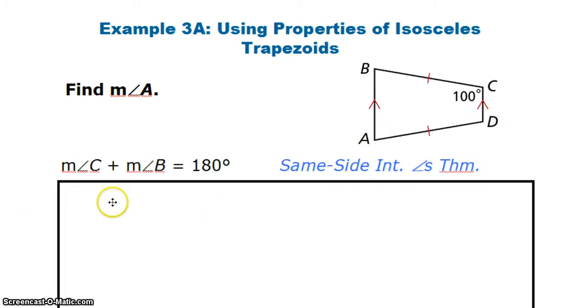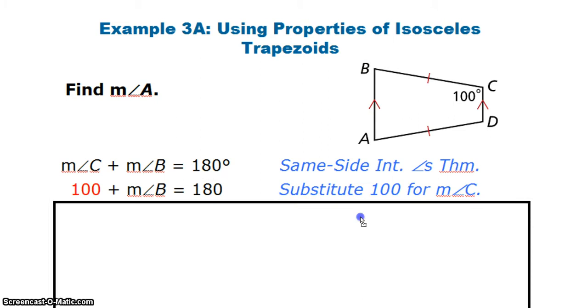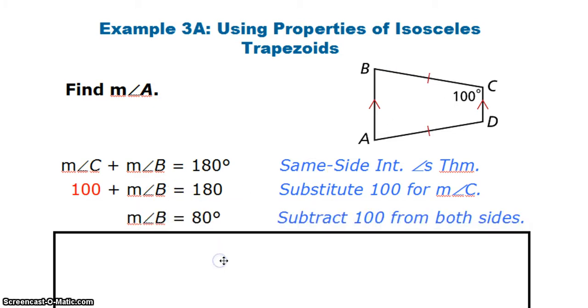So measure of angle C plus the measure of angle B equals 180. Same side interior angles theorem. So we can substitute the known 100 for angle C and find B. So angle B must be 80. Good.